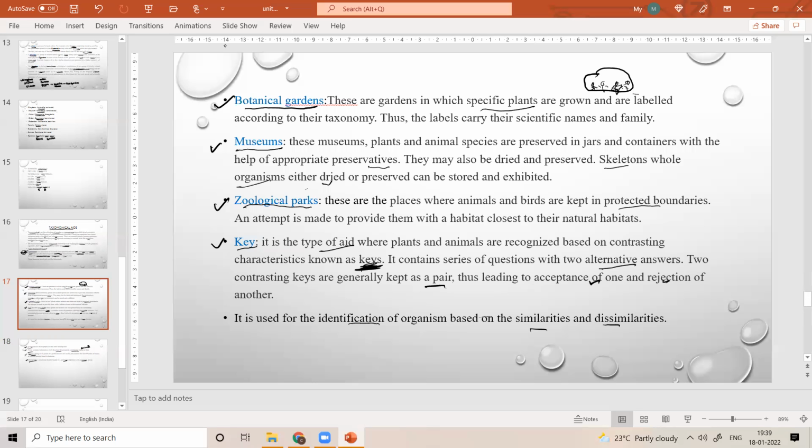We use this key to classify organisms. All living organisms can be divided based on the presence or absence of photosynthetic pigment. That is the key. So we use this key to divide all organisms into plants or animals. Museums and botanical gardens we already discussed.